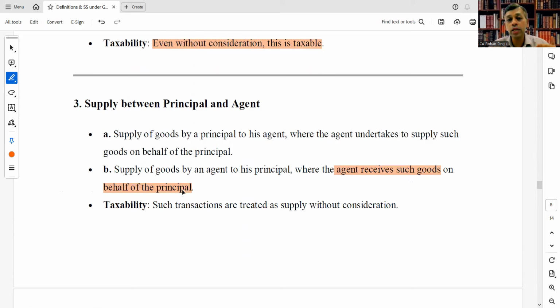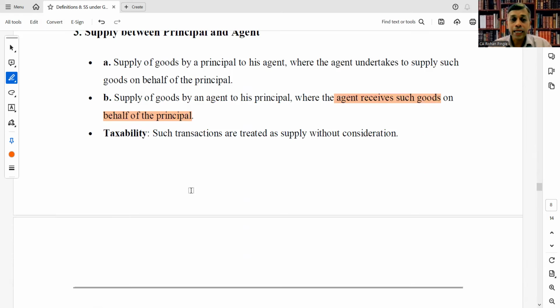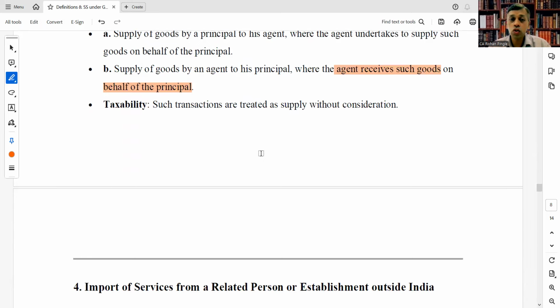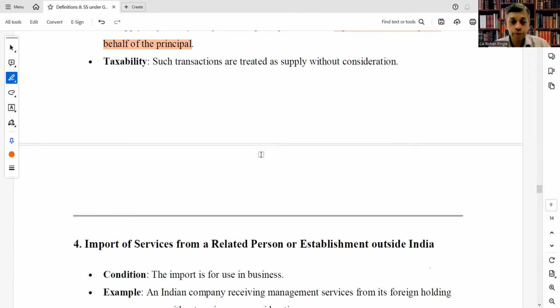The two are different, but they cover how the transactions will be taxable. Such transactions are treated as supply without consideration.